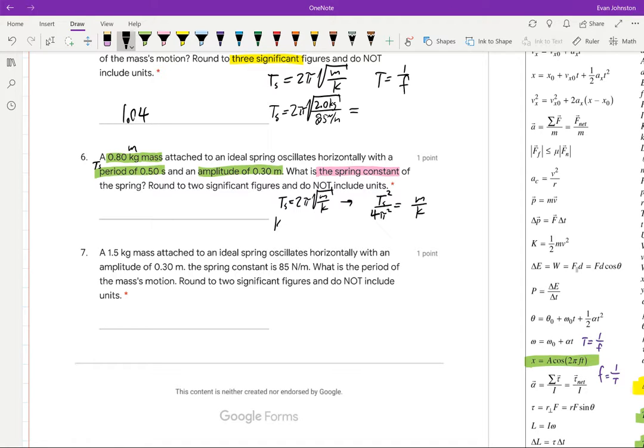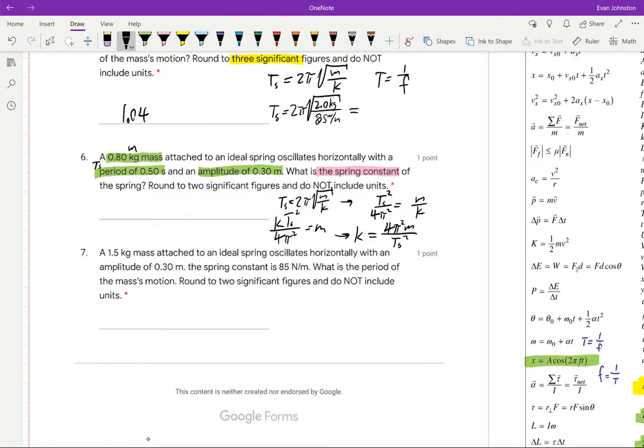So now we have k times the period for the spring squared over 4 pi squared is equal to m. We don't want m, so now I have to multiply by 4 pi squared over to this side and divide by the period squared over to that side as well. Really, I'm going to get that my spring constant is equal to 4 pi squared m over the period squared.